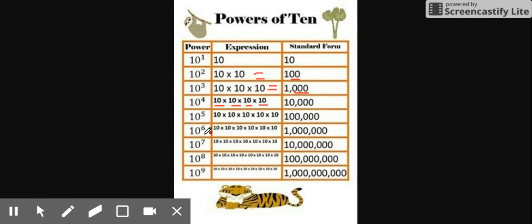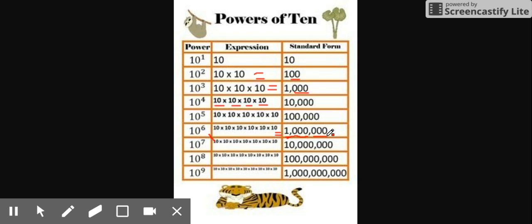So if I have 10 to the sixth power, I would write down the number 1 and tell me how many zeros would I add after I write down my number 1 right here. I would add 6 zeros because my exponent is 6. So I wrote down my number 1, and then I add 6 zeros. 1, 2, 3, 4, 5, 6.